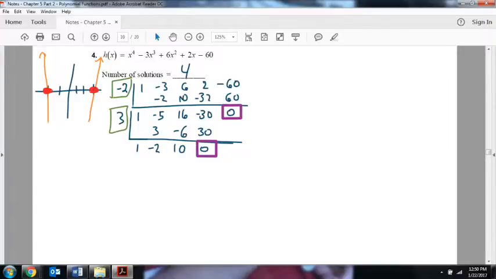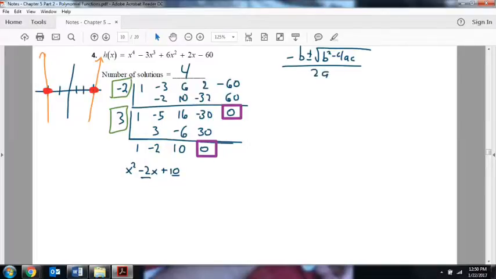So now we're left with x squared minus 2x plus 10, which, yeah, nothing multiplies to 10 but adds up to negative 2. So we're going to have to use our quadratic formula. So let's go over here and do it real quick. Remember, that's negative b plus or minus the square root of b squared minus 4ac all over 2a. So here we go.